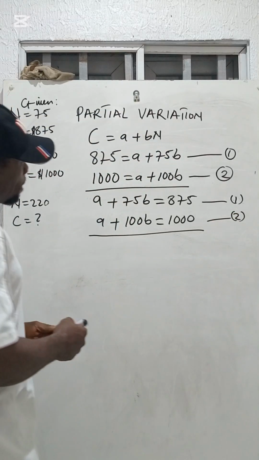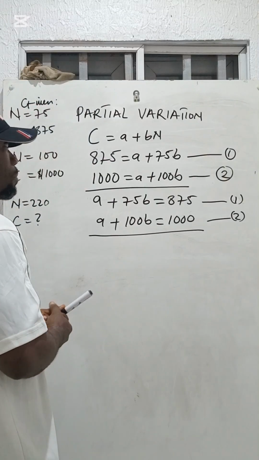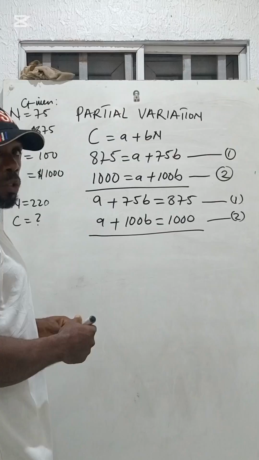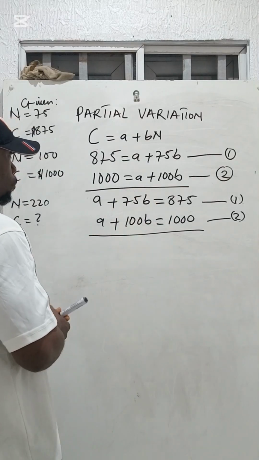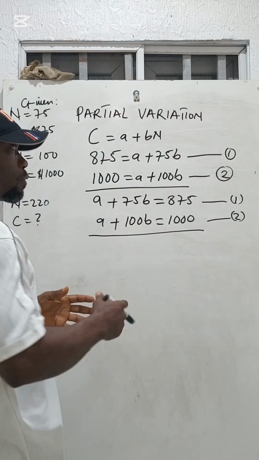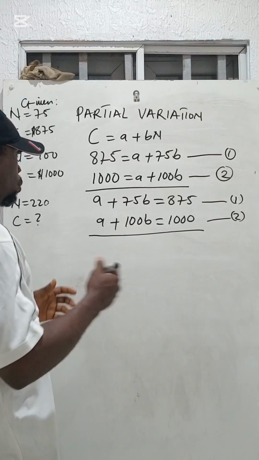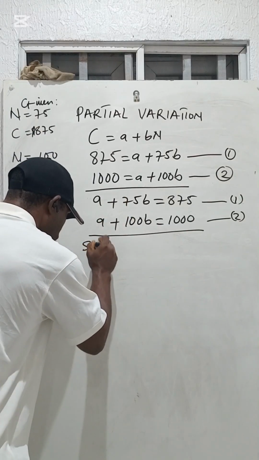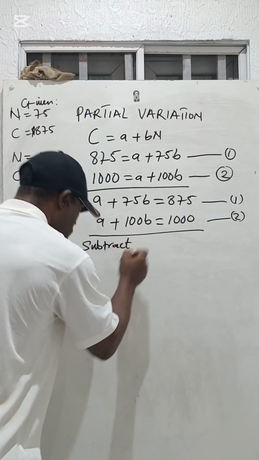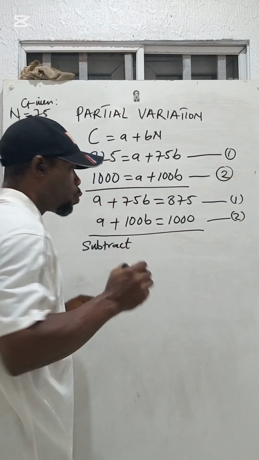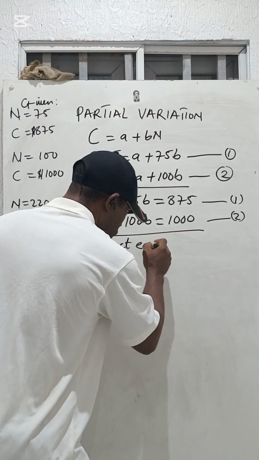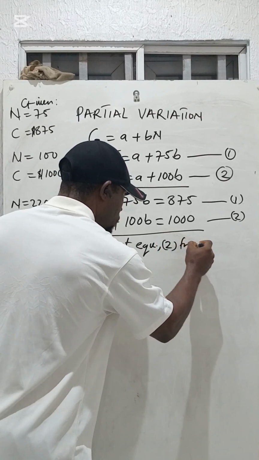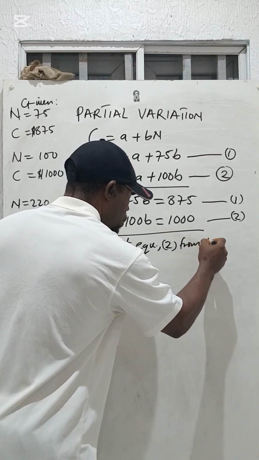Okay, so I'm going to use the method of elimination to eliminate one of the variables, so that I can get the value of the other variable. To do that, I'm going to subtract equation 2 from equation 1.